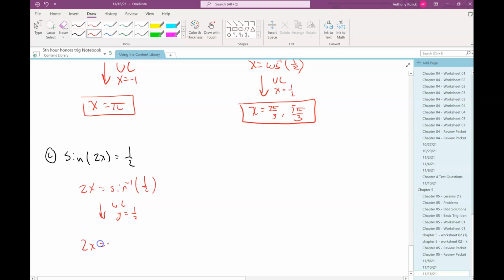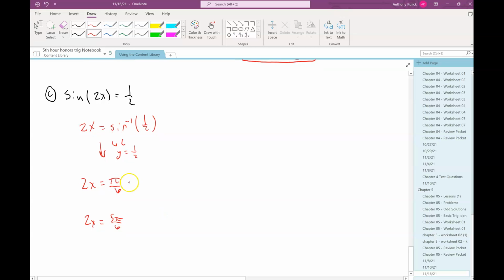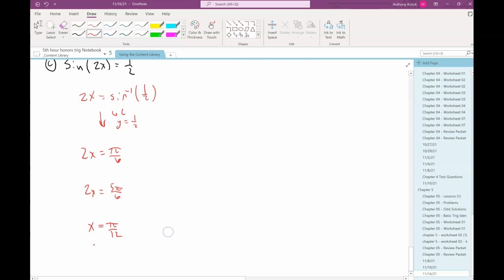That happens at pi over 6. And it also happens at 5 pi over 6. So I just divide both sides by 2, and I should get pi over 12 and 5 pi over 12, right?